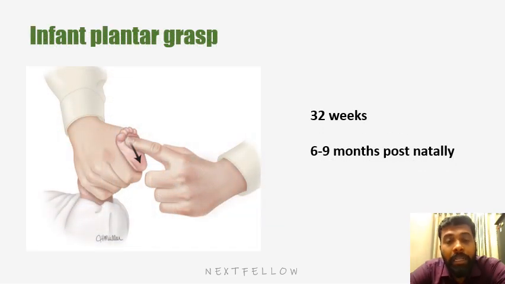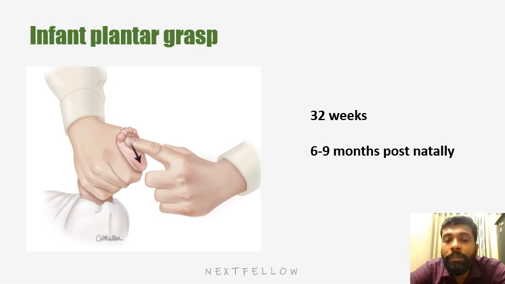This is plantar grasp. This is important. It is seen from 32 weeks onwards to 6 to 9 months postnatally. The time where it disappears is a bit more variable. The plantar reflex is well established by 32 weeks and it typically disappears by 6 to 9 months of age. During the normal plantar grasp, you see the direction of the stimulation.